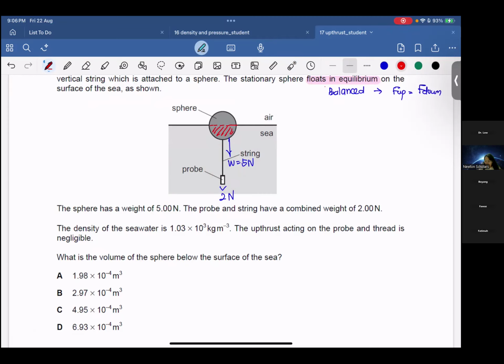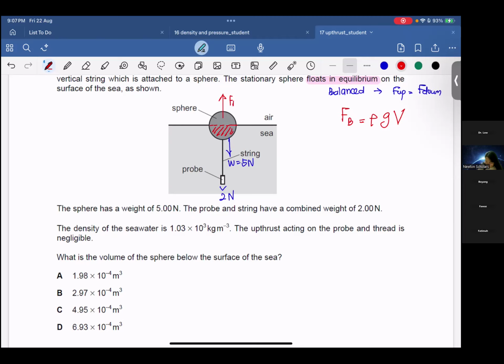Because it floats in equilibrium, we understand that the buoyant force is rho g V. There is a buoyant force for the sphere, but for the string we ignore.